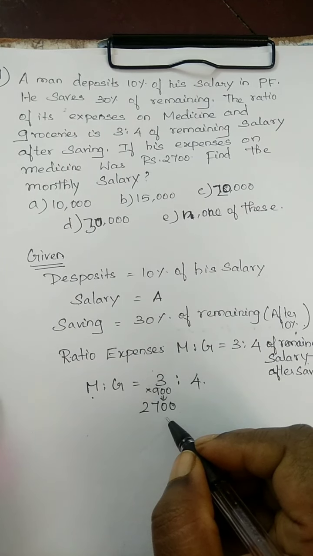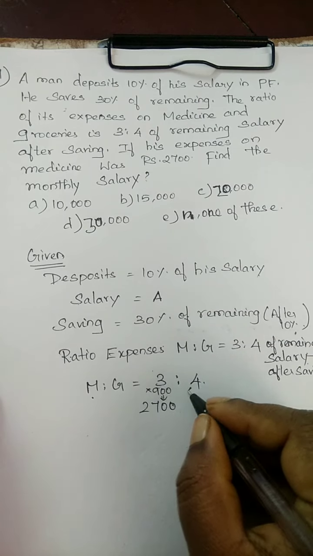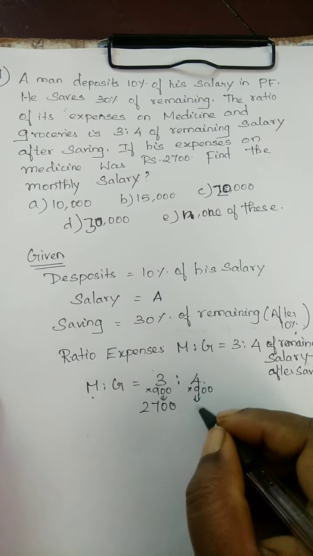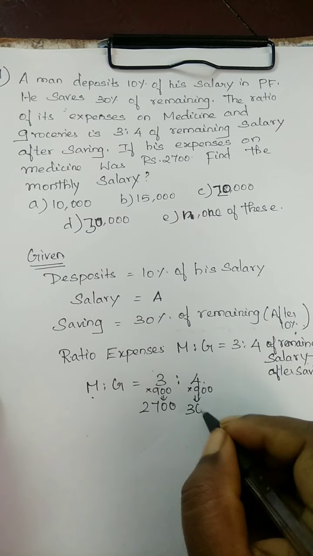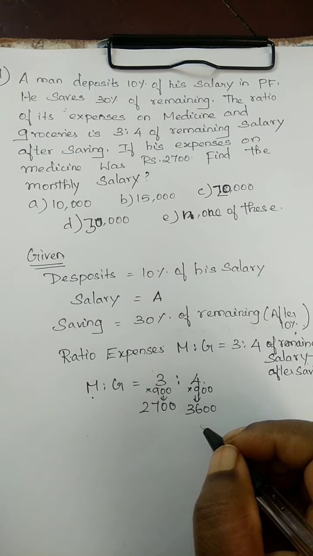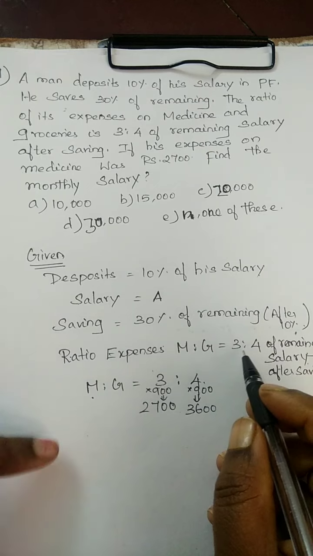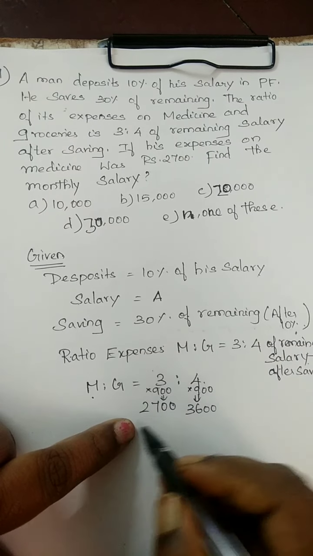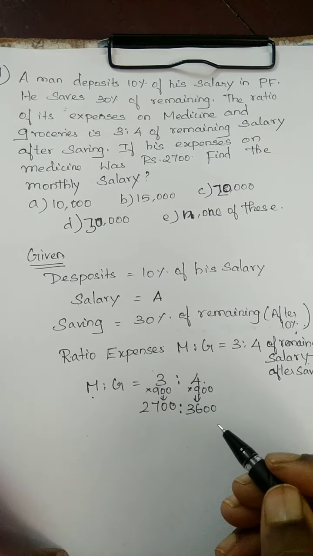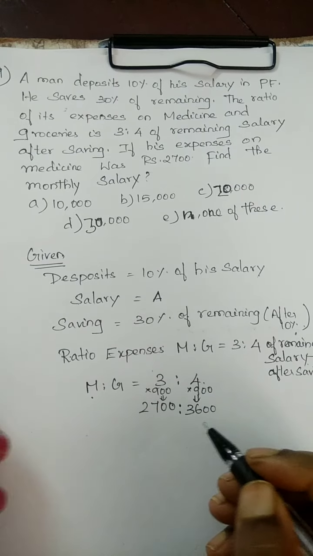Am I right? Similarly, the same value we multiply here, 900. 9 into 4 is 36, so 3,600. So the ratio of expenses between medicine and groceries is 3:4, and using the clue of medicine expenses rupees 2,700, the values become 2,700 and 3,600.